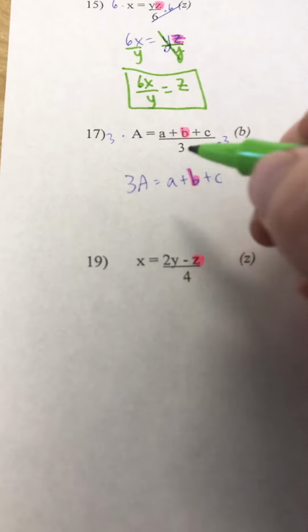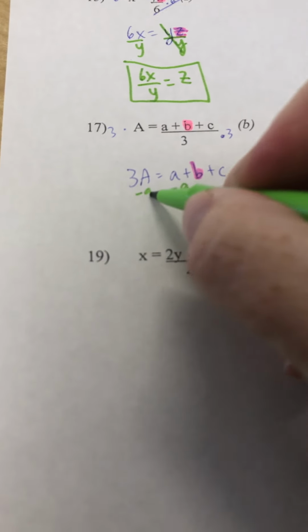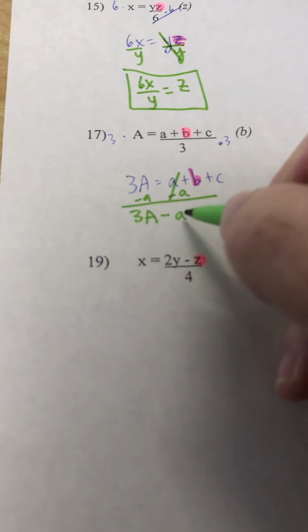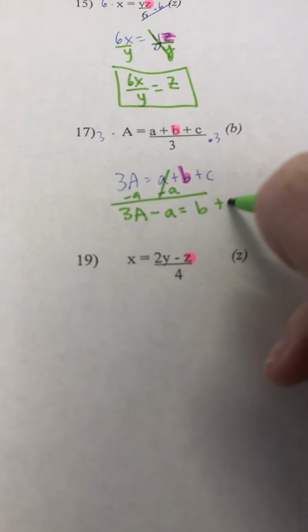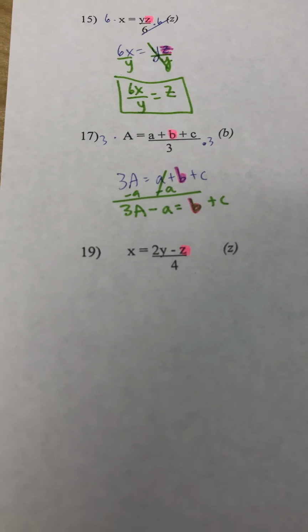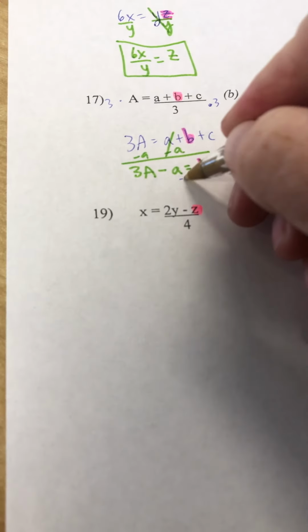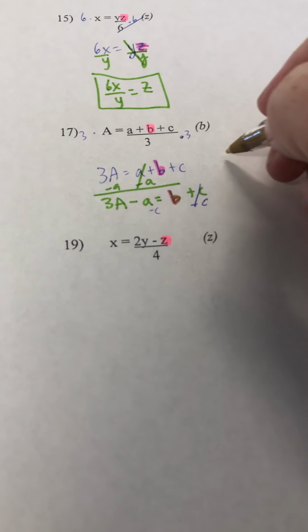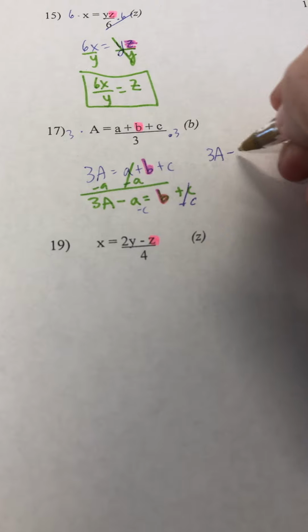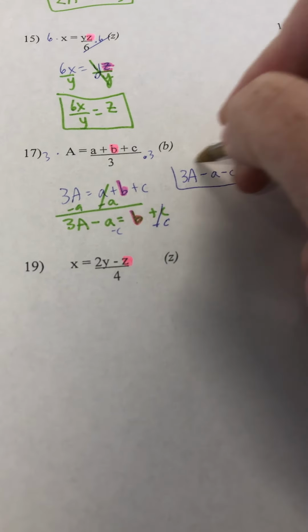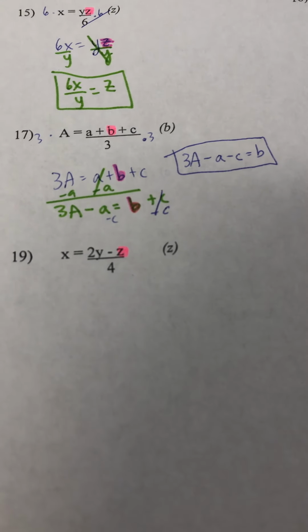So that says plus a, I'm going to subtract a. 3a minus little a equals b plus c. I want b by itself, so I'm going to subtract c. So my final answer would be, oh, there's not enough room. 3a minus little a minus little c equals little b. I guess I should say lowercase.